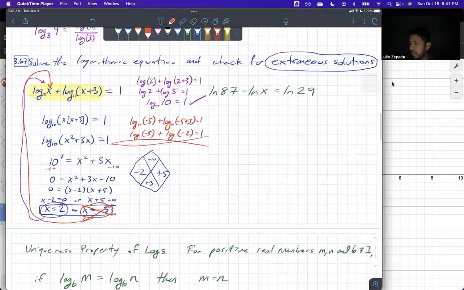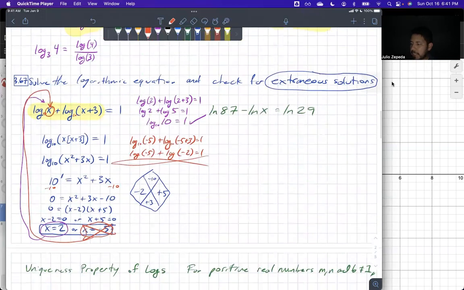And so here, this x needs to be larger than 0. It cannot be negative 5. This one here, x plus 3, also needs to be larger than 0. So x needs to be larger than negative 3. It cannot be negative 5. Okay, so a lot of different ways we can show that x equals negative 5 is not a solution. So there's one solution to that equation, x equals 2.